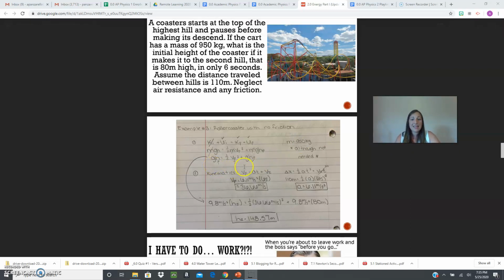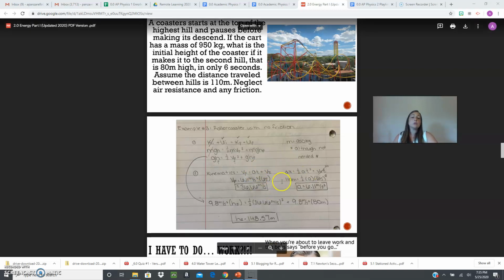So once I do that, I look and say, okay, well, what variables do I know? What don't I? And I'm left with 2 question marks. 2 question marks means a 2-step problem. So the overall goal of this problem is to solve for h, and we don't know VF. Well, as soon as I see V, I'm thinking, hey, I need to do kinematics. So I go down here and I say, all right, well, I need acceleration and I need time.